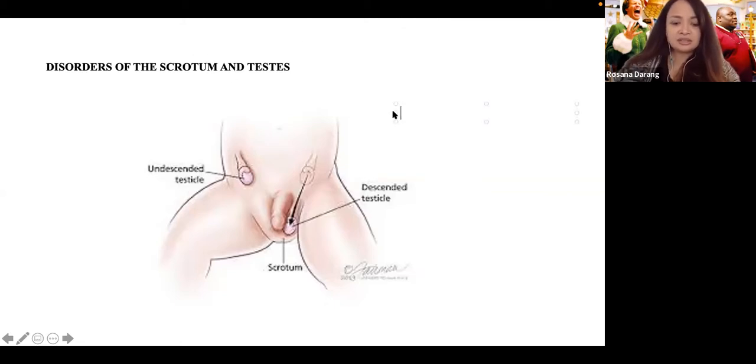It means hidden testis, because the root word crypt, like encryption, right? It means hidden or hiding. And then orchid is the root word for testis. And of course, ism is a suffix for condition. So this is cryptorchidism, hiding testis, but they're not really hiding.